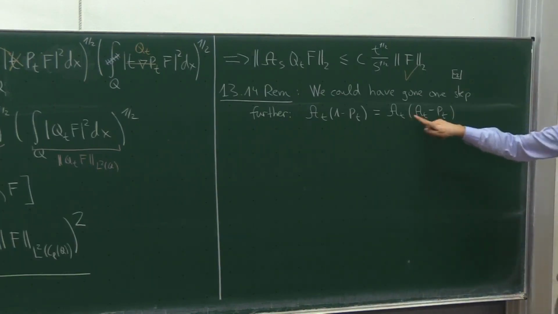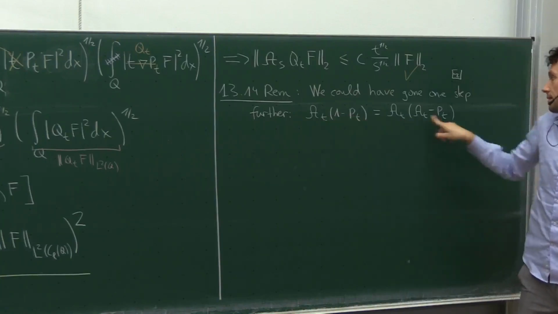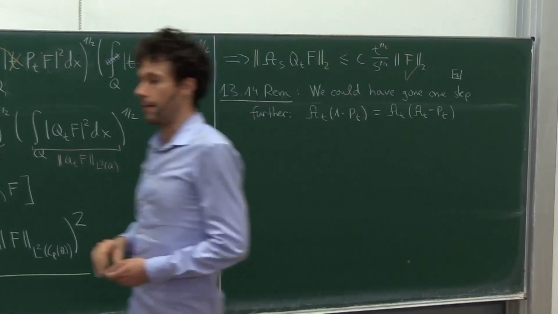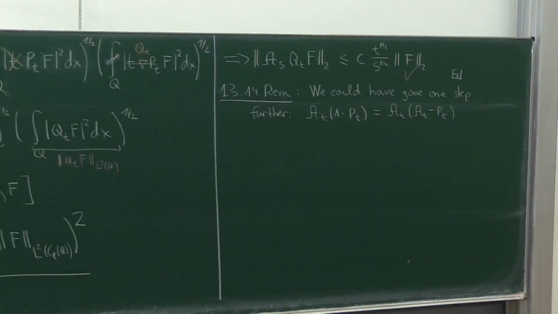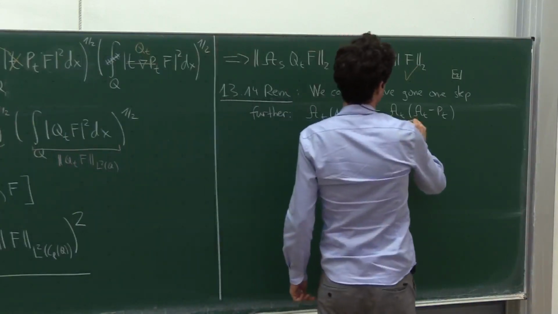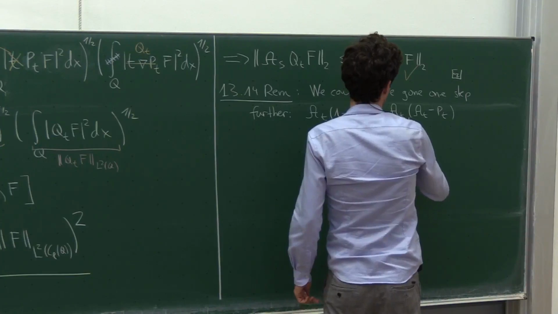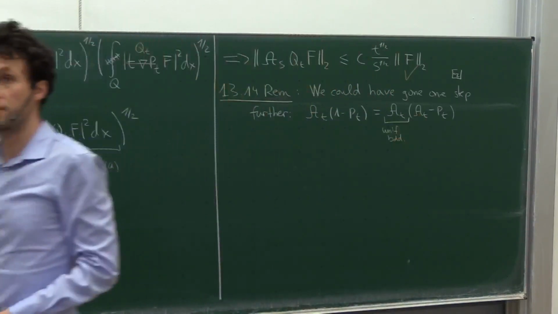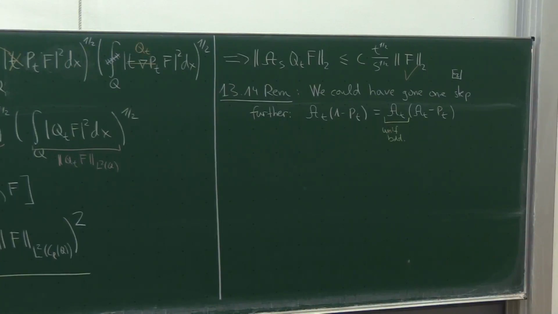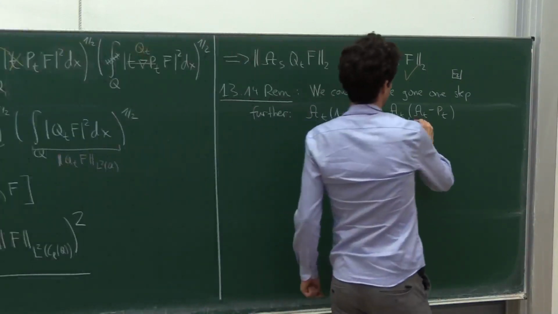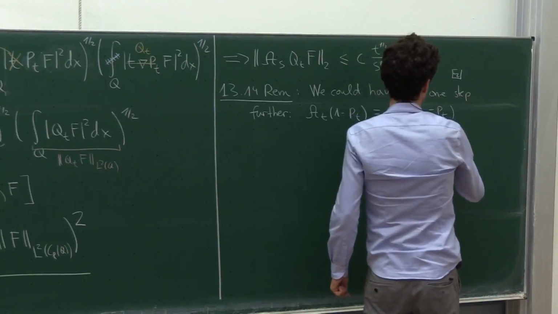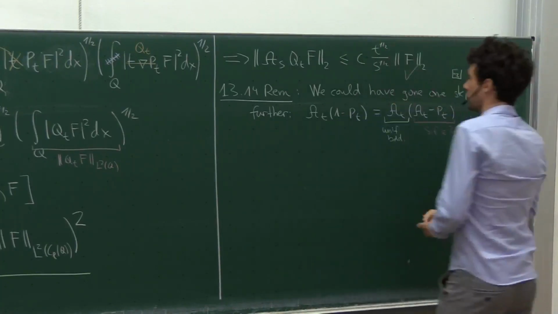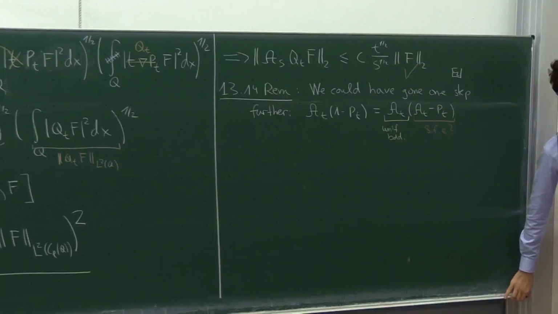Because this is A_T, A_T, A_T minus P_T, A_T minus P_T. I want a square function estimate for the left-hand side. I could have said this is uniformly bounded in T, and I could have just asked for the square function estimate involving the difference A_T minus P_T. And this is true. One could prove this.